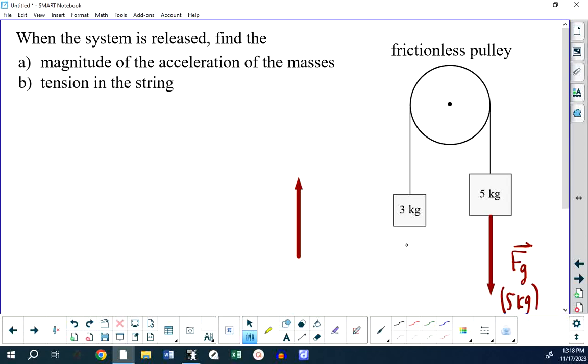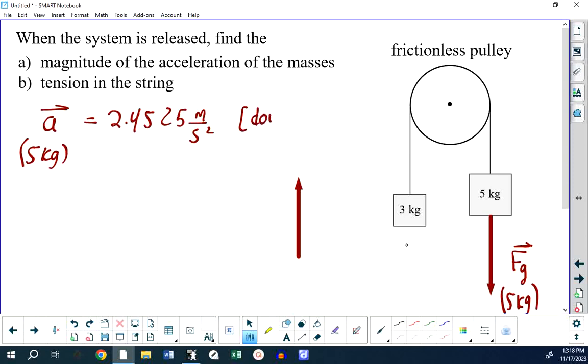Except that when we determined the acceleration of the system, we said it had a magnitude of 2.4525 meters per second squared. But when we're talking about the 5 kilogram mass, this is down. The 5 kilogram mass is accelerating down.